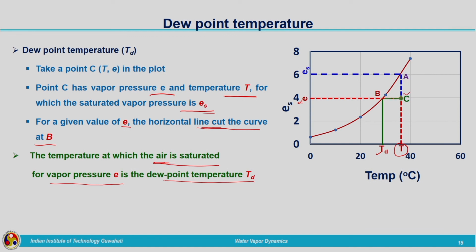We extend onto the curve corresponding to that E value, and from there we drop down to get the temperature corresponding to that saturation vapor pressure. That temperature is the dew point temperature. That is the temperature at which the air is saturated for a vapor pressure E.